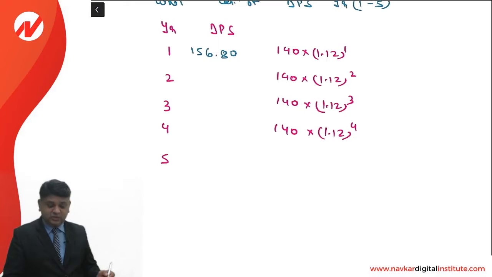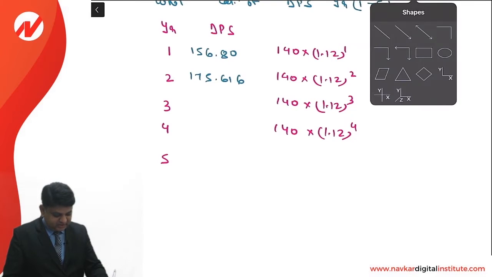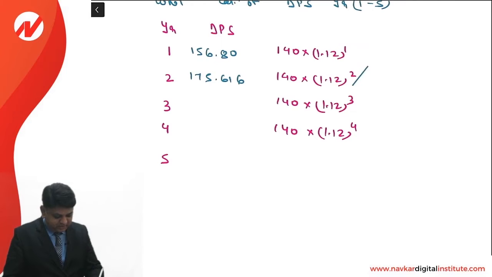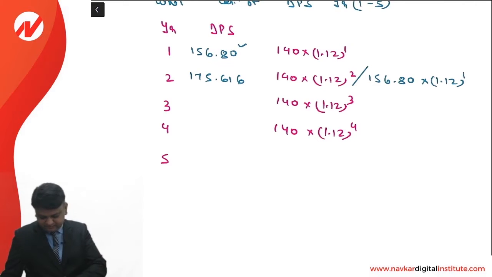For the next year it is 175.616. Dear students, as far as the second year dividend is concerned, that you could have calculated as 156.8 into 1.12 raised to 1. This is also the way you can calculate the answer.